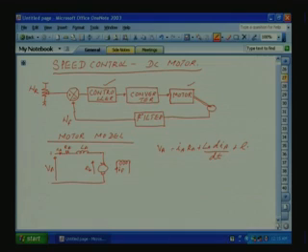Okay. Now, we have to find out the transfer function. So, Va is equal to Ia, the armature current, times Ra plus La into dIa by dt, plus Eb.